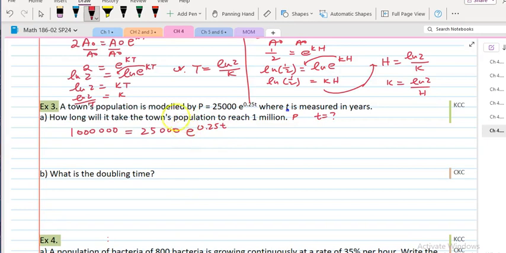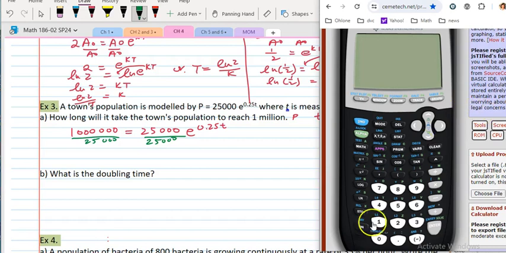To solve for t, we divide by 25,000 on both sides. If we cancel the 1,000 and simplify, 1,000 divided by 25 is what? It's 40.